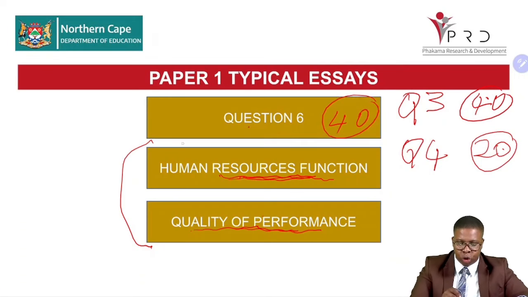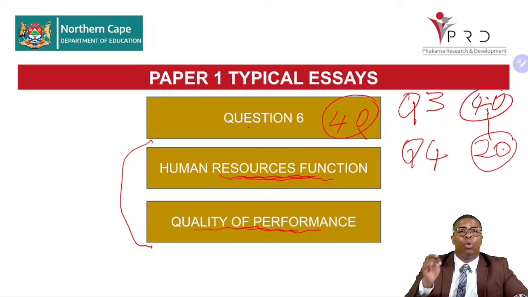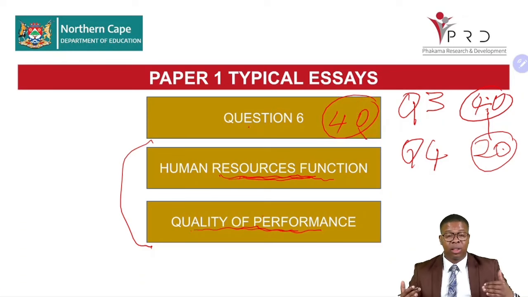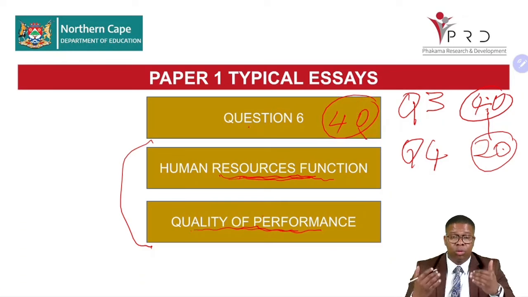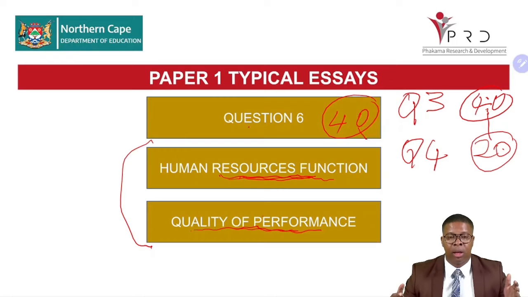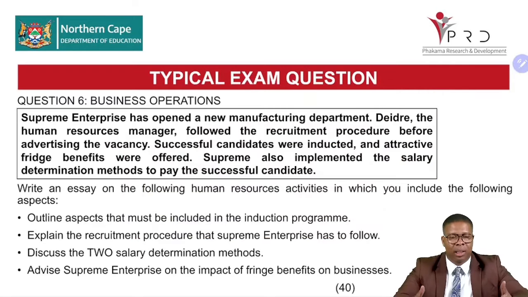So all you need is to master these 2 topics, and then you are in a position to write for 40 in section C, for 60 in section B, and then you also have another 15 marks in question 1, which is section A. So go and master the 2, human resource function and quality of performance. Then you are in a position to get your marks and pass and get to the university, because that's the goal.